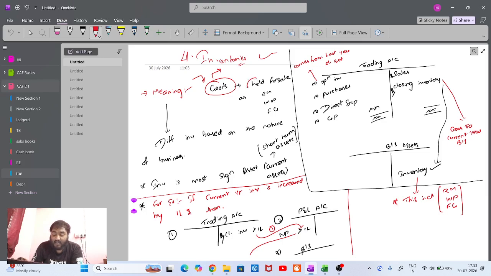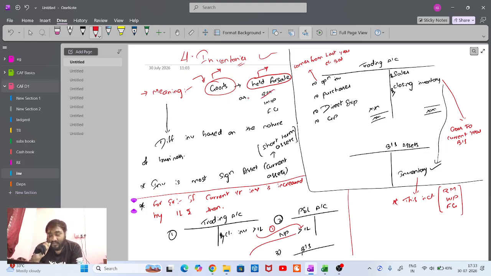Inventory could be held for sale. What do you mean by held for sale? We hold goods to resell the goods. Inventory could also be raw materials in a manufacturing unit.